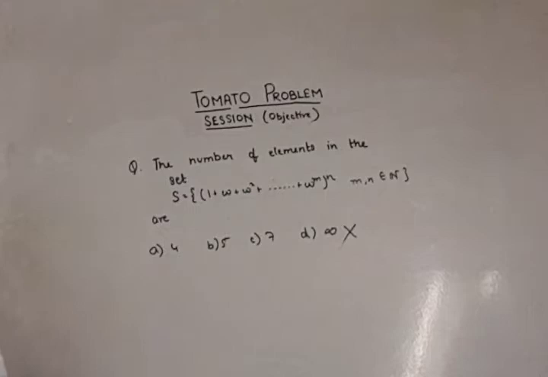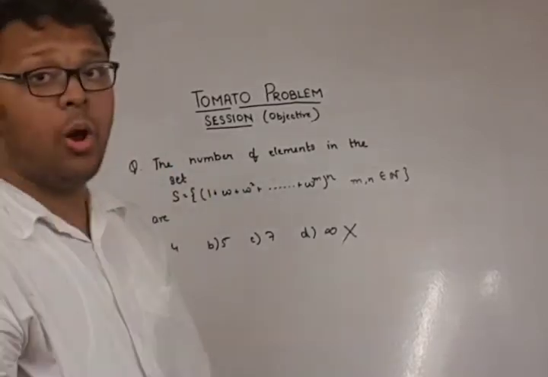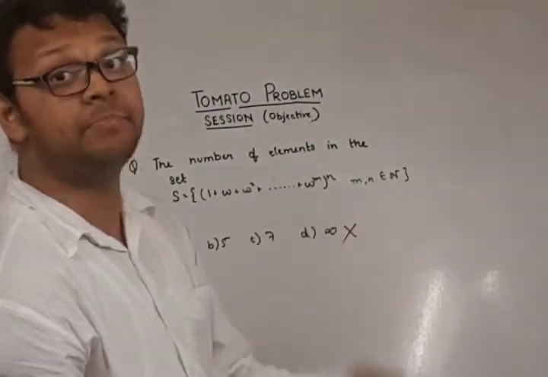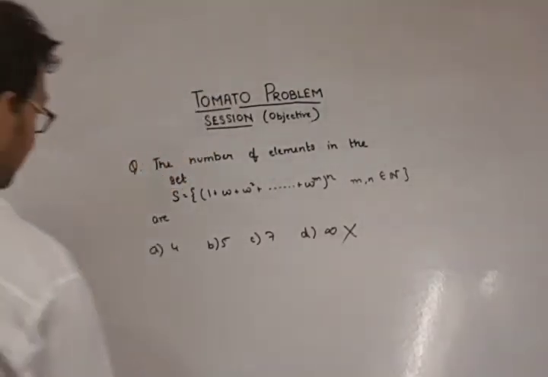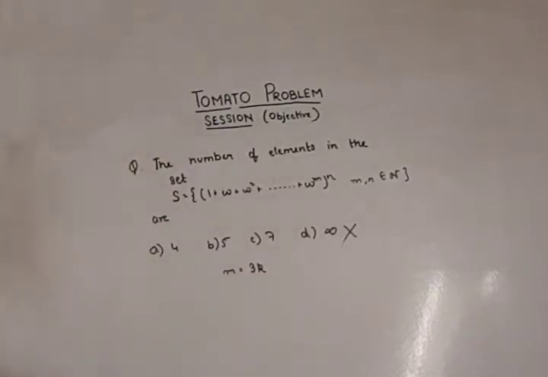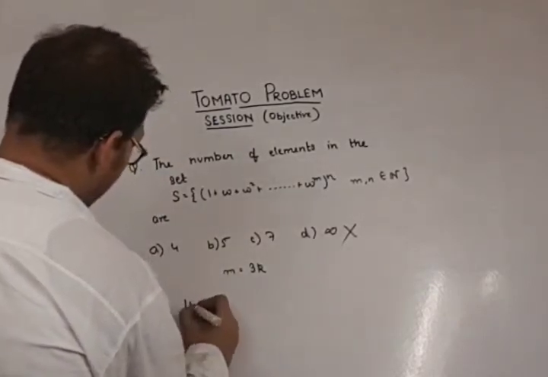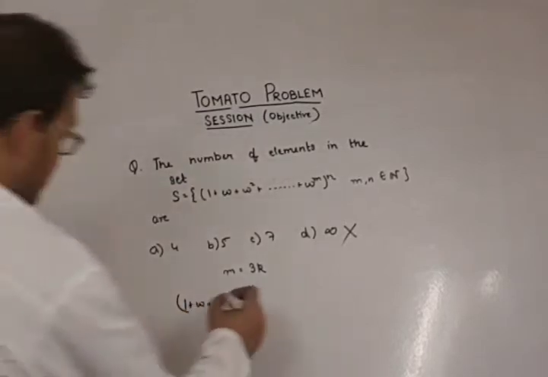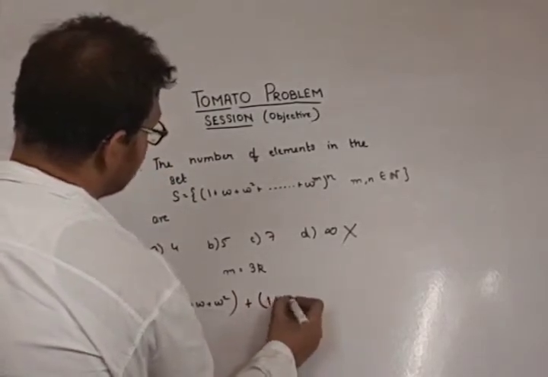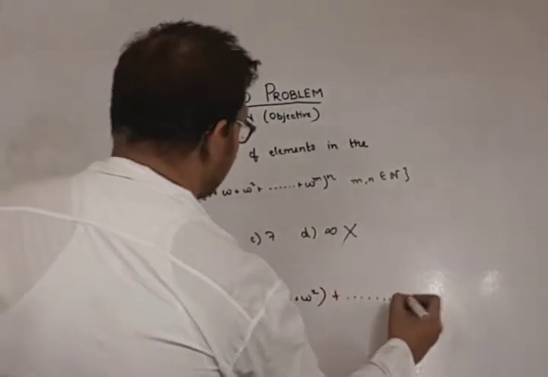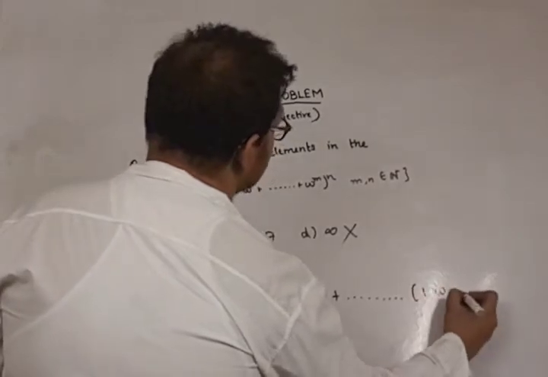Now let's consider the numbers. Since m and n are natural numbers, they can be odd or even, or particularly of the form 3k plus 1, 3k plus 2 or 3k. So let m be of the form 3k. Then the terms can be paired up, 1 plus omega plus omega square, plus again a 1 plus omega plus omega square if I take omega common, and up to every term I can pair up 1 plus omega plus omega square.